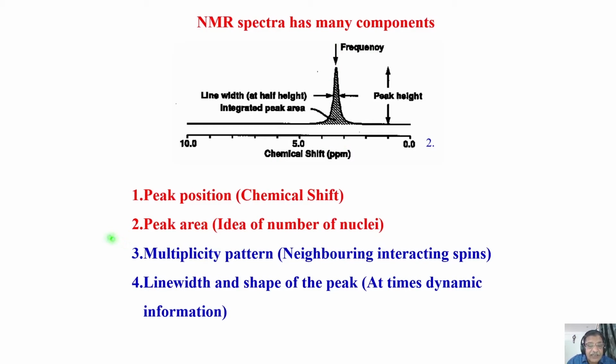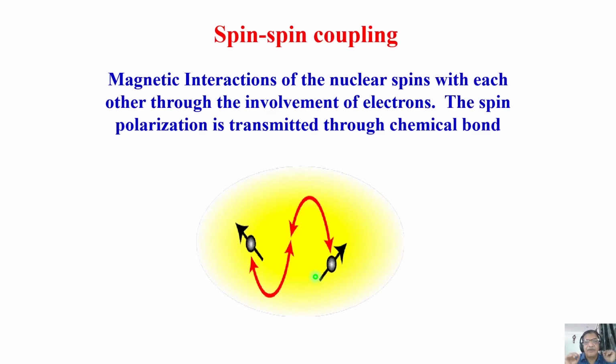Today we will understand multiplicity pattern, how the neighboring spins will interact with the proton of my interest, and how the multiplicity arises. Of course, as a consequence, we also understand later about the dynamics, how the line width and shape of the peak gets affected. Okay, with this information, let us start discussing spin-spin coupling.